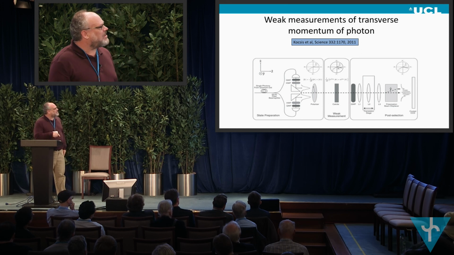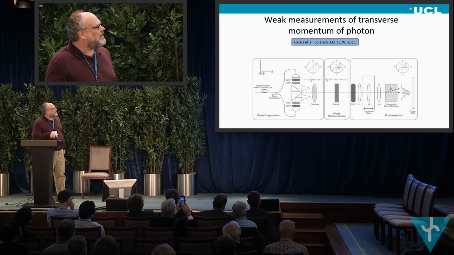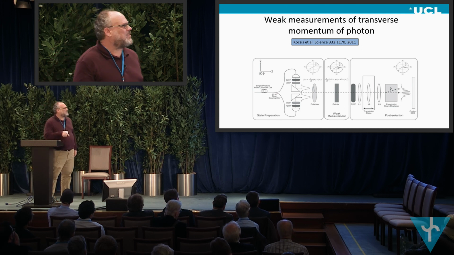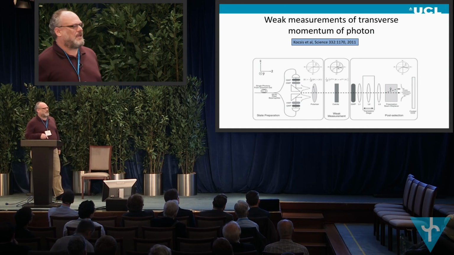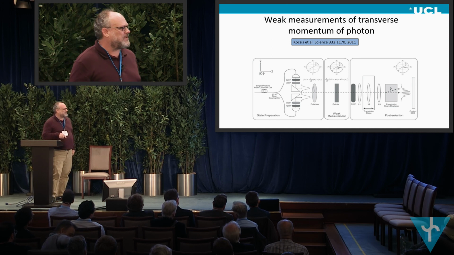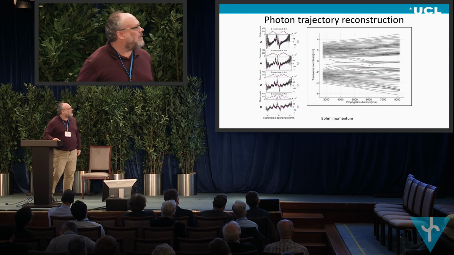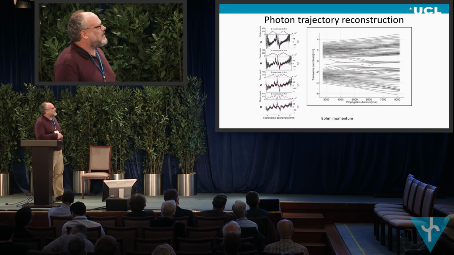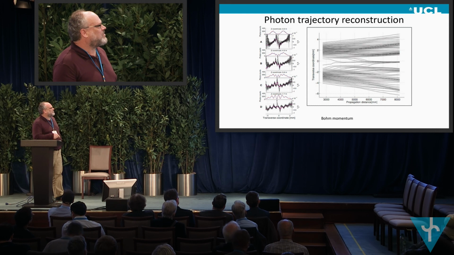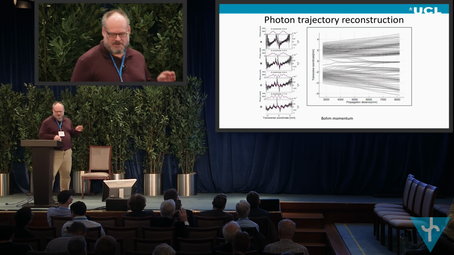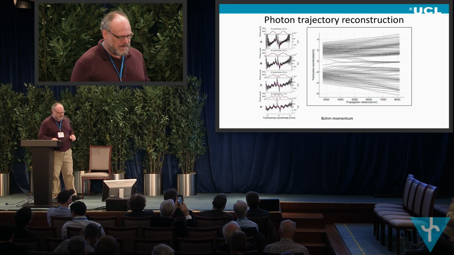By looking at how that is encoded in the intensity of these two polarization components, you can work out a trajectory through the system between the slits and the detector where there's a strong measurement. They saw these trajectories, and of course there's the link to Bohmian momentum, which you've heard about today, so I won't go into that and will talk about what we're doing and plan to do.